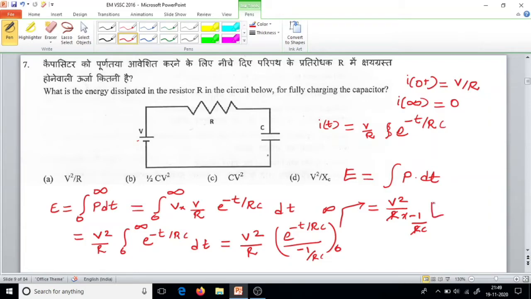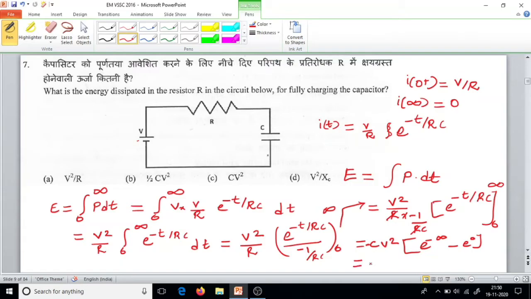Now e to the power minus t by RC from 0 to infinity gives minus CV square times e to the power minus infinity minus e to the power 0.